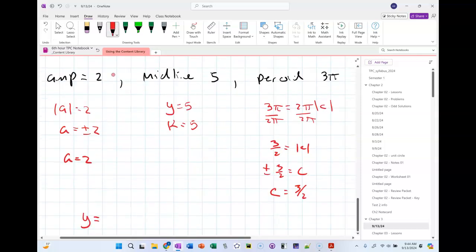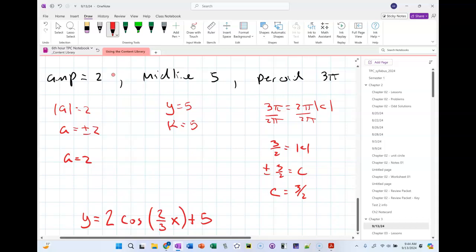That's everything I need. Now, did it tell me that I have to do this as a sine or cosine? So guess what? Does it matter which one I pick? Nope. I'll just say for the sake of argument, I'll do a cosine this time. And then reciprocal of C, x, and then plus K. And I'm done.